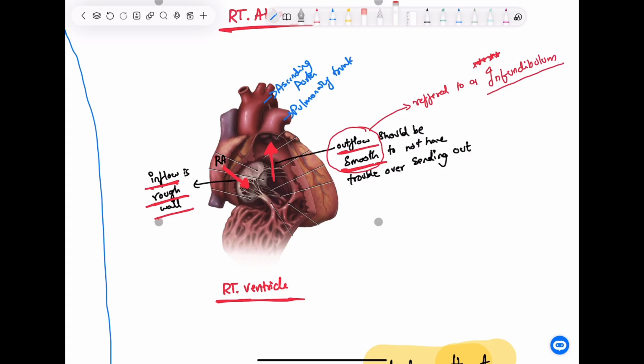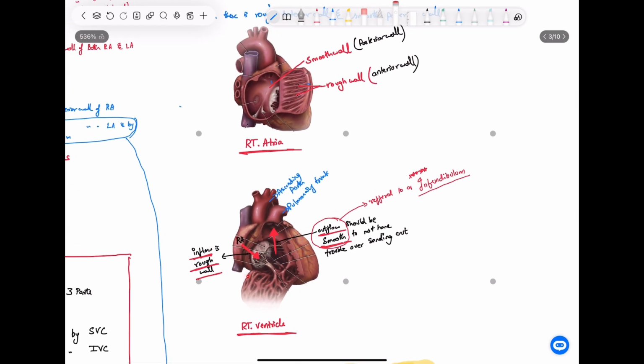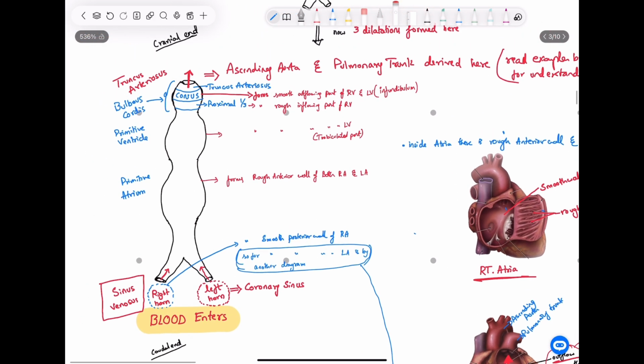And from here, you can see the pulmonary trunk and ascending aorta. I'll tell you how these came about: how the smooth wall came, how the rough wall came, how the inflow is a rough wall and the outflow is a smooth wall, and from where they came. We'll talk about it here.